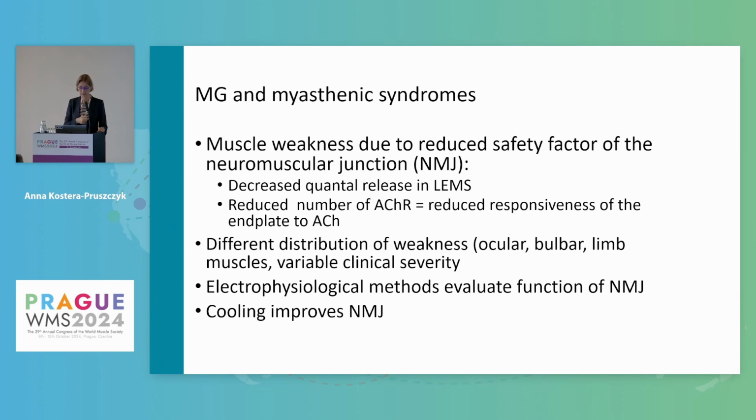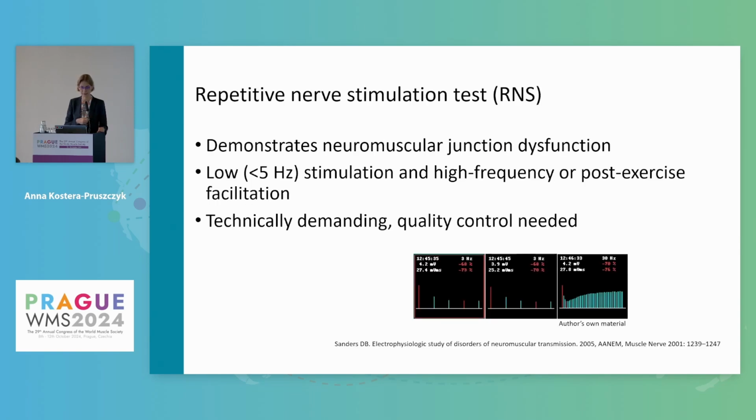And what is also important is that cooling improves neuromuscular junction function. It's not only the ice pack test, but the observation that many of our patients do not tolerate beautiful hot summers very well. Repetitive nerve stimulation test is an old and classical method, but it's still very good for quick demonstration of abnormality and also to differentiate between presynaptic block, like in Lambert-Eaton, and postsynaptic, like in myasthenia gravis.